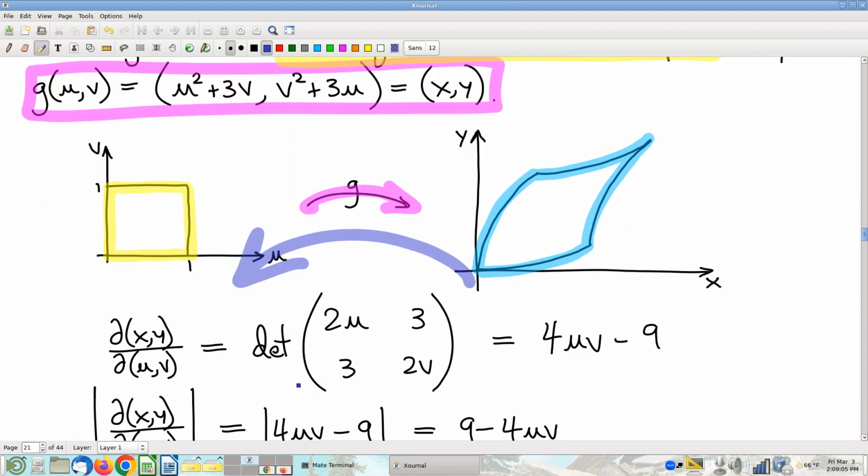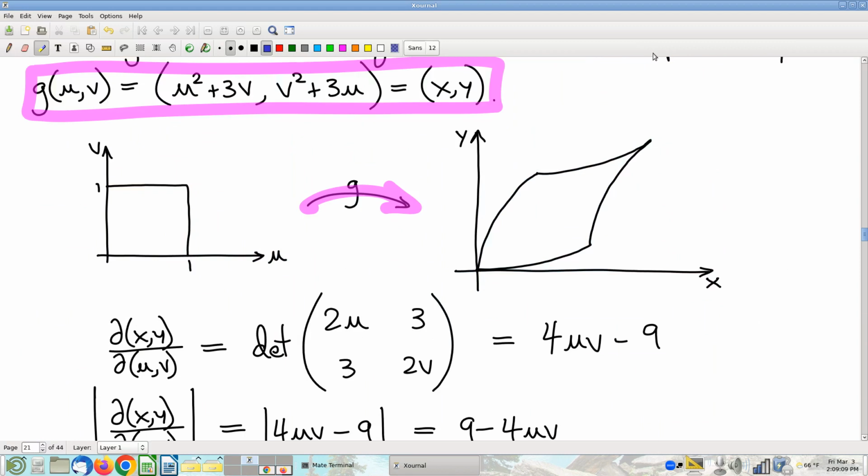Let's see, here we go. I've got my change of variables function. I can take the partials of x and y with respect to u and v. There's my derivative matrix, easy partials. By the way, make sure to remember the structure of the derivative matrix, right? Input variables correspond to columns.